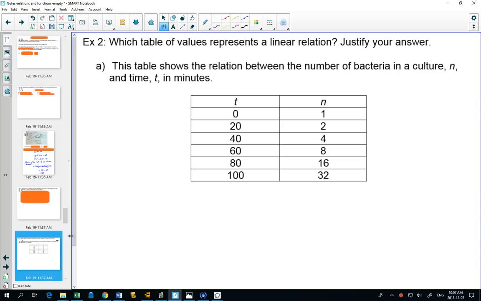Now, if you have a table of values, and the question asks, does this make a straight line or not? One way that you could do it is to graph it. If you want to create a graph with your independent variable being time, t, and the number of bacteria, n, you could graph it, and then you could say, does this make a straight line or not?